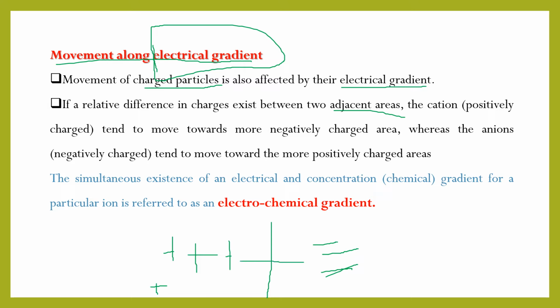The net movement is towards the negatively charged area, whereas anions, which are negatively charged particles, tend to move towards a positively charged area. If both the concentration gradient and the electrical gradient exist for a particular ion, these together are known as the electrochemical gradient.